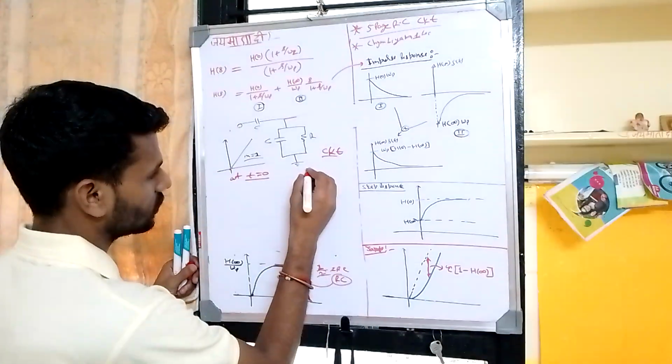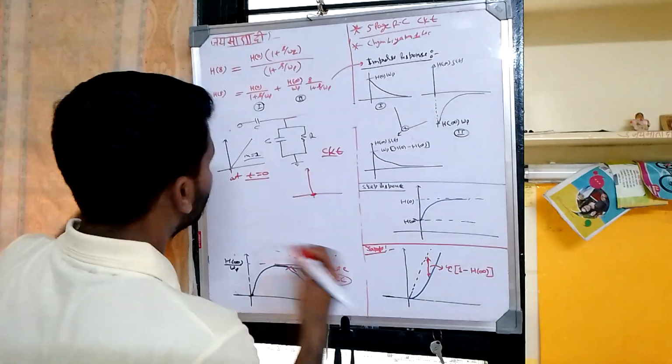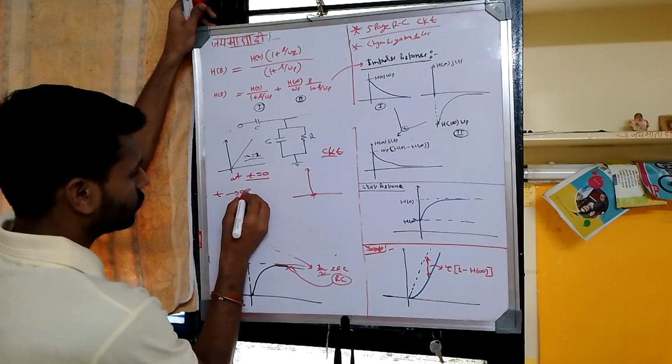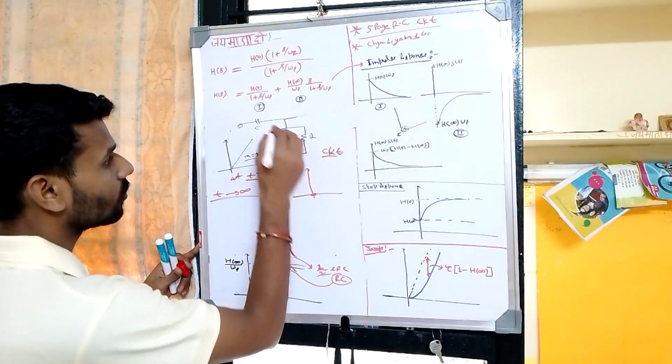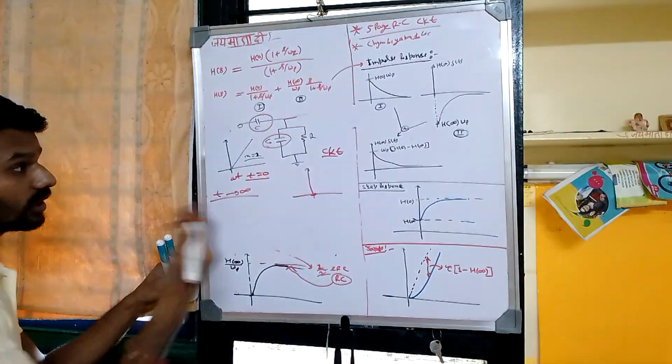So your output will be 0 at t equals 0, and as t tends to infinity, this capacitance will provide more impedance.